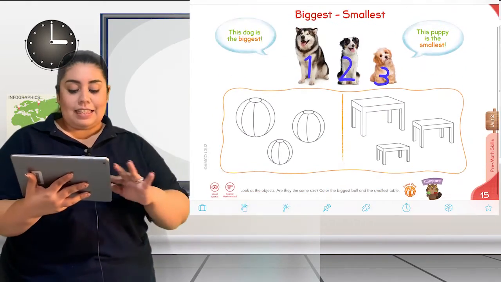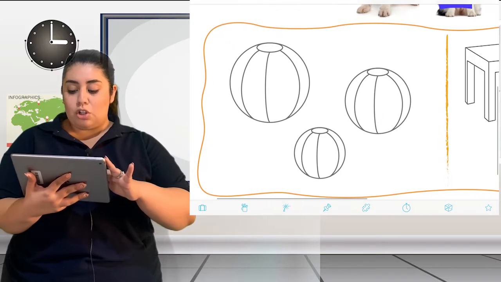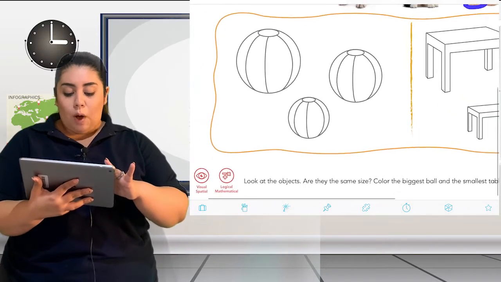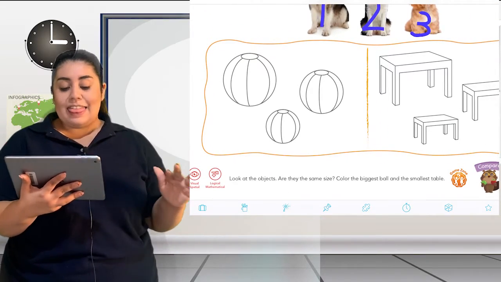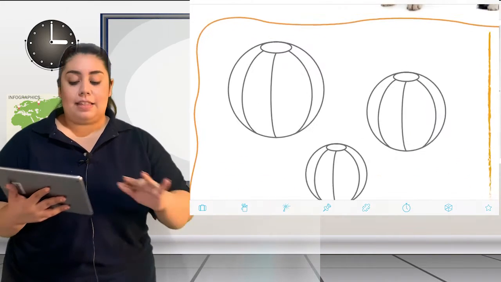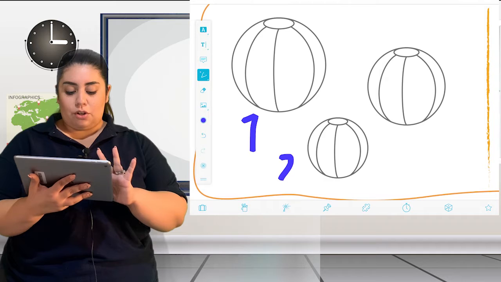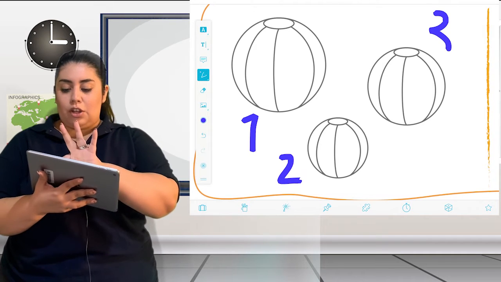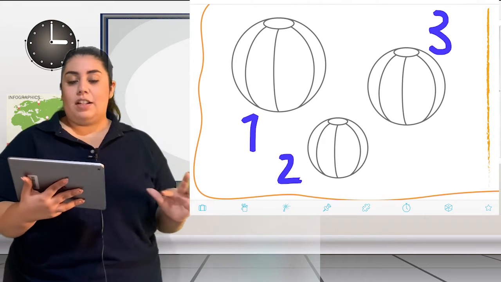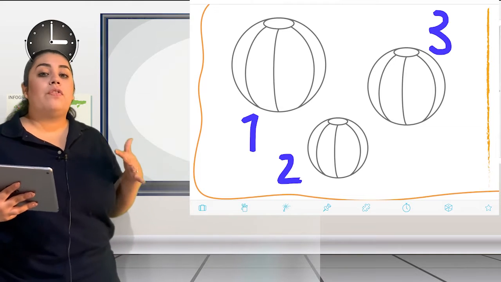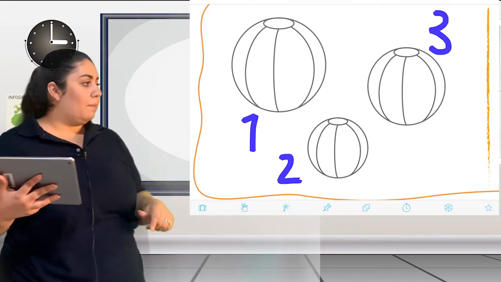And Felix, in here we have also some balls. I want you to identify the biggest. I'm going to put some numbers for you to answer. It's not necessary that you write the numbers over there. It's just only for reference for you and me.